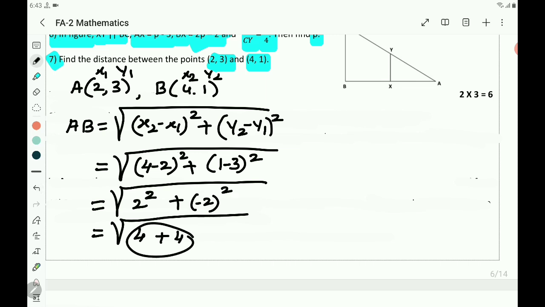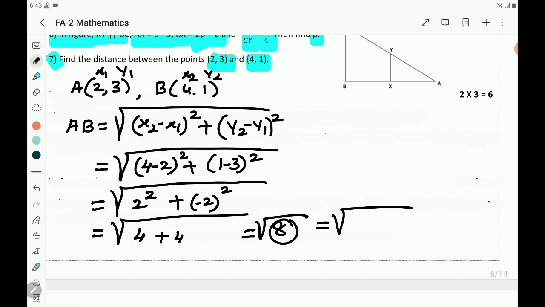Then what is the sum of 4 and 4? That is 8. Then you write equals 4 plus 4 is 8. Express this 8 as a product of square number into some other number, and 8 is 4 into 2, equals, what is the square root of 4? Root 4 is 2, root 2 units.